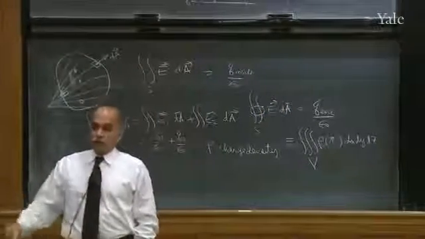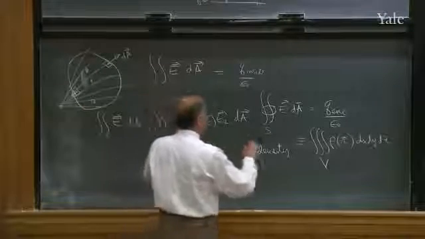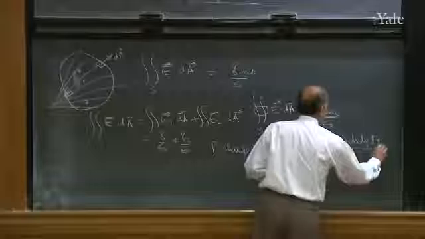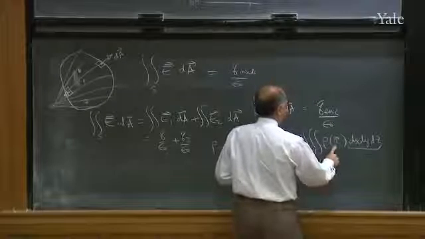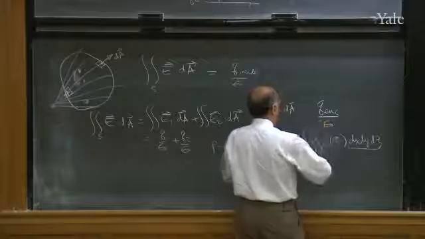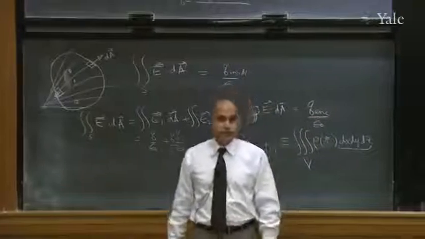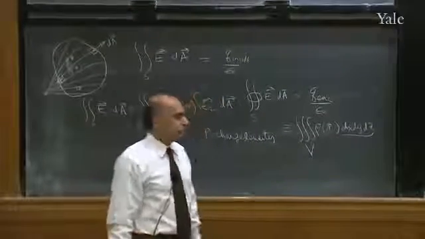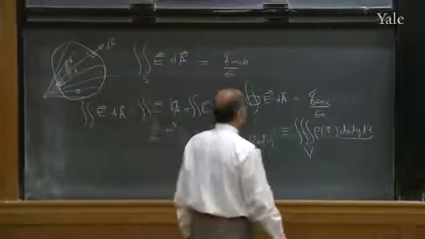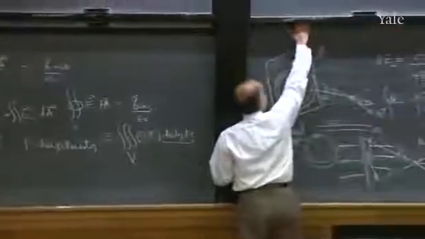You know, if you want to say how many coulombs are there, well, divide the volume into tiny cubes of size dx, dy, dz. That times the rho of r, meaning rho at x, y, and z, is the charge inside the cube. You add it all up, you get the charge enclosed in that funny shaped object. So this is the final form of Gauss's law that we're going to use.